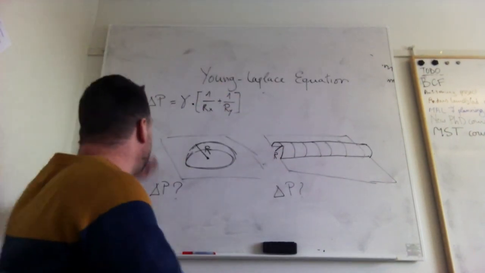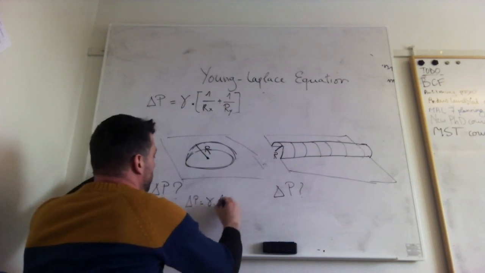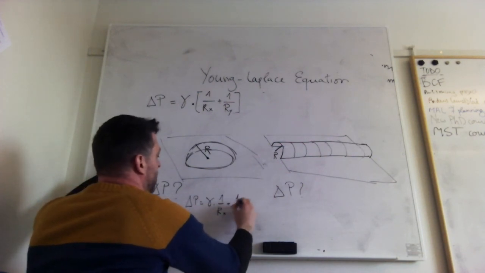So, the answer to that is, in the circular case, delta P equals gamma times 1 over Rx plus 1 over Ry.